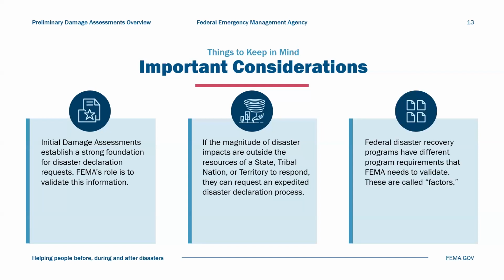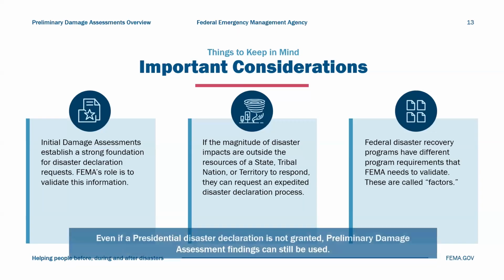Federal disaster recovery programs like FEMA's Individual Assistance (IA) and Public Assistance (PA) each have specific program requirements that FEMA needs to validate, depending on the federal programs the state, tribal nation, or territory plans to request. These are called factors.